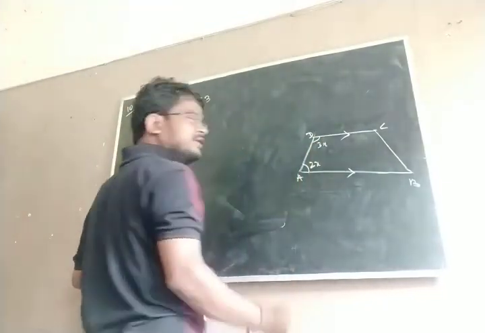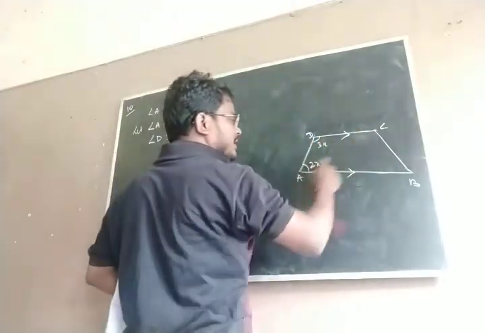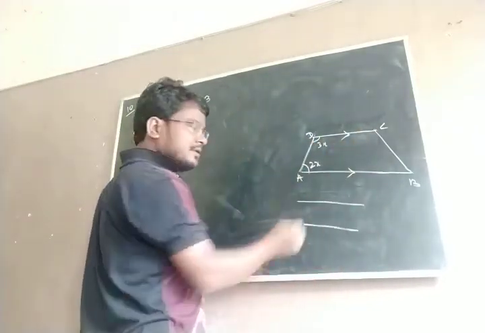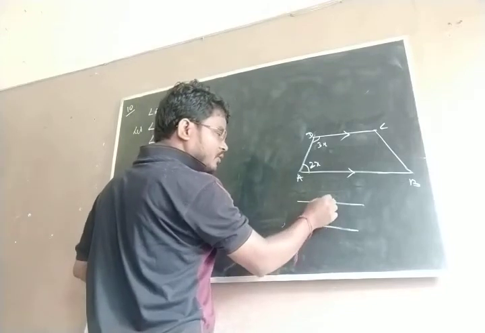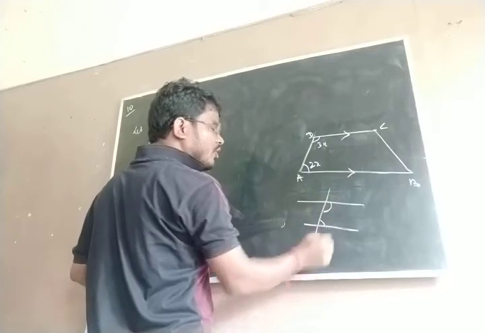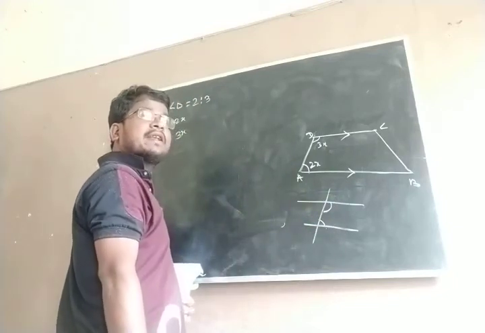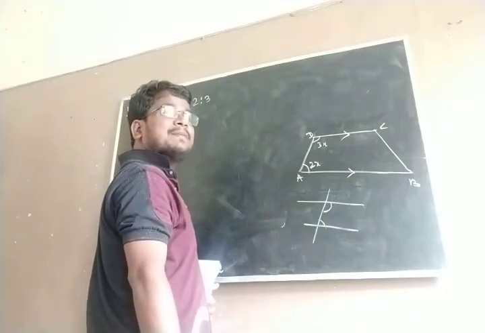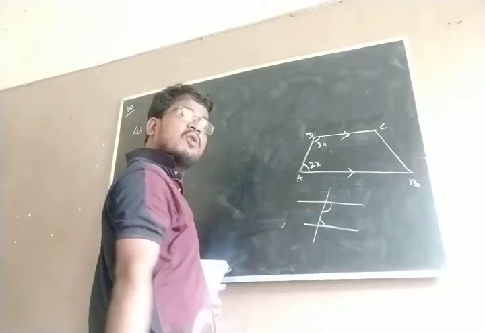And one more thing, just see, these two lines are parallel. In class 7 you learned, if these are parallel and we draw a transversal, then these two angles are called co-interior angles or allied angles, and they are supplementary. Supplementary means this plus this equals 180 degrees.